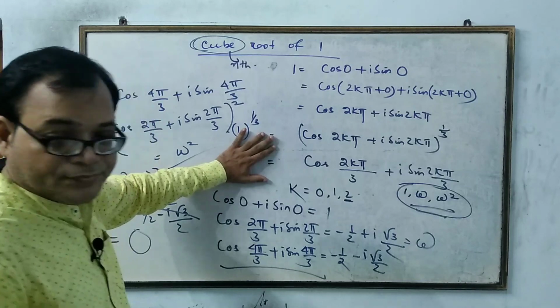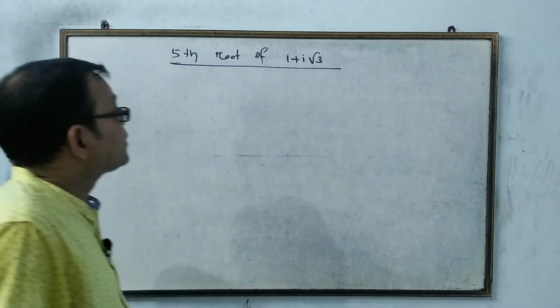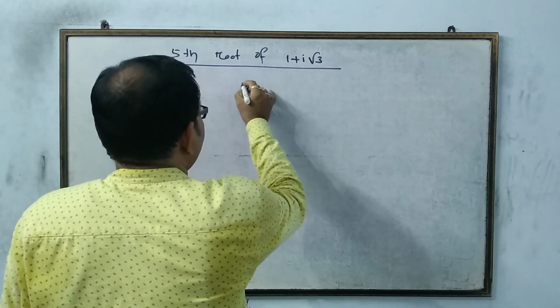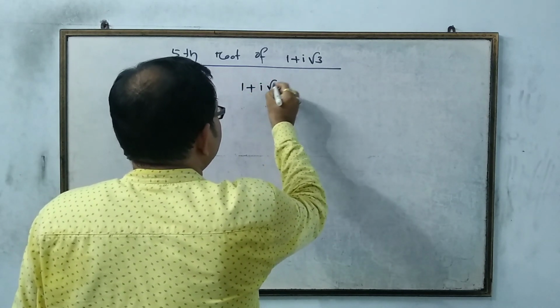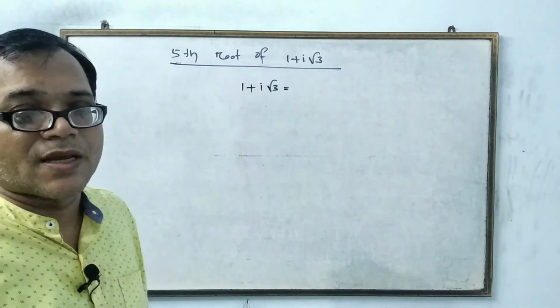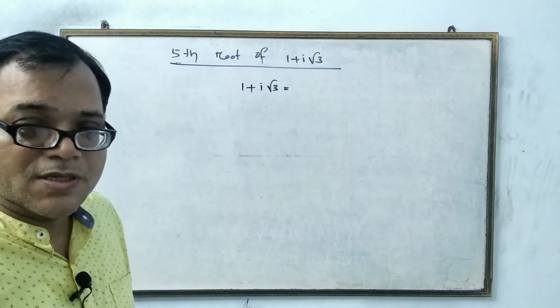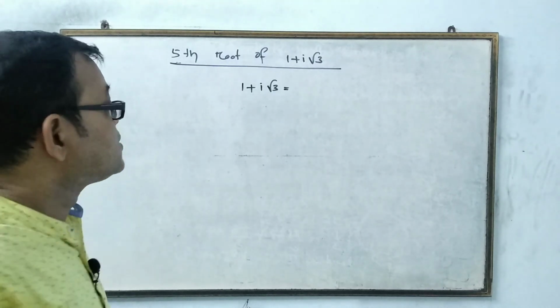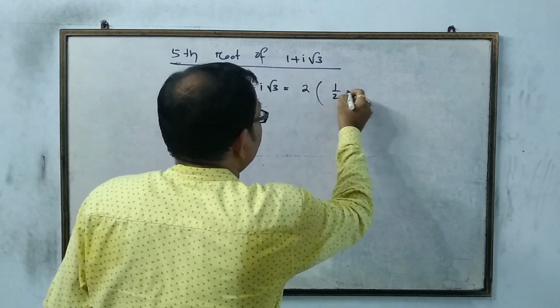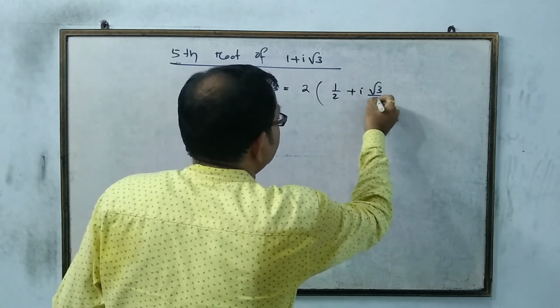Okay, this was the cube root of unity. Pause the video to note it down. We will take another example to find the fifth root of 1 plus I root 3. I will write 1 plus I root 3 in the form of r into cos theta plus I sin theta. I have discussed it in the previous video. So 1 plus I root 3 I can write as 2 into half plus I root 3 by 2.